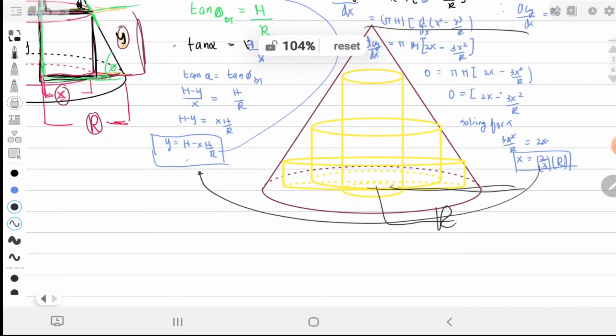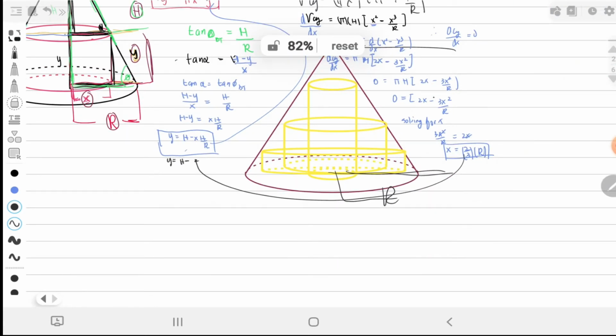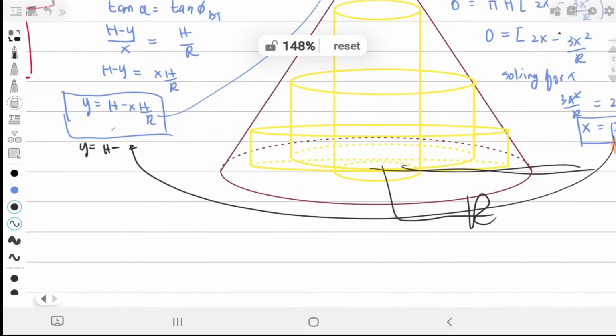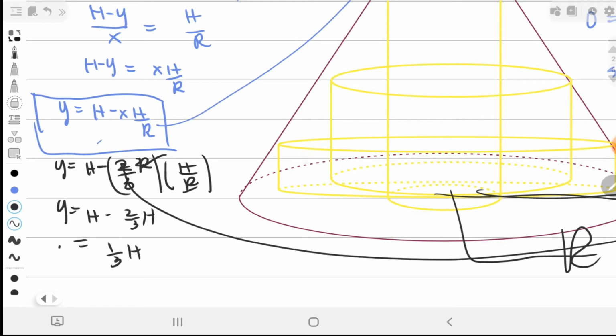So, therefore, I will have y is equal to h less 2/3 r multiplied by our h over r. So, makakancel yung isang r. Matitira is y is equal to h less 2/3 h. So therefore, I will have 1/3 h, which is equal to my y.